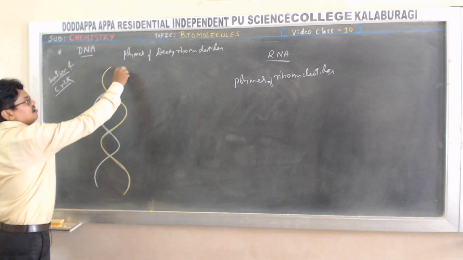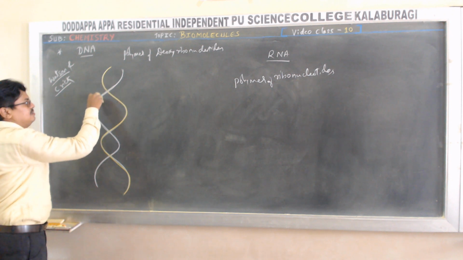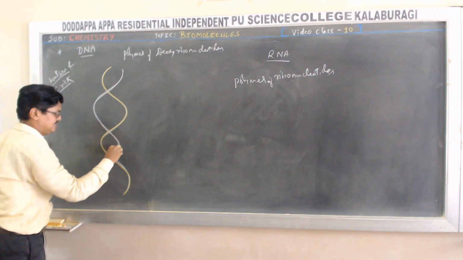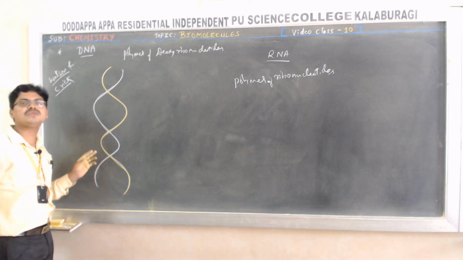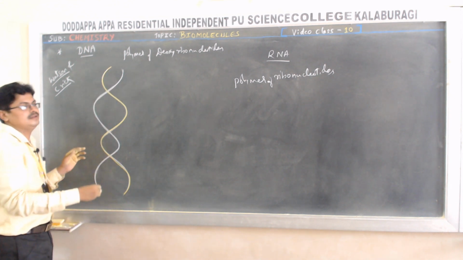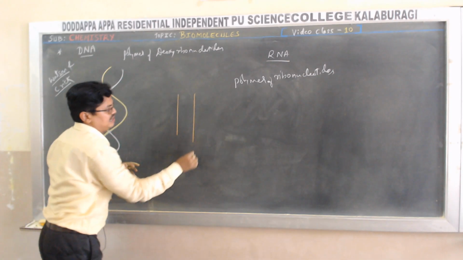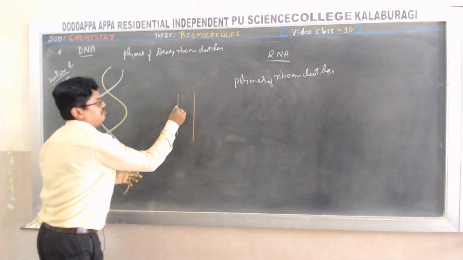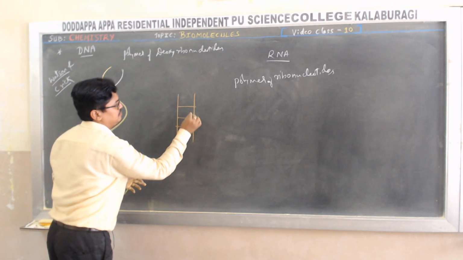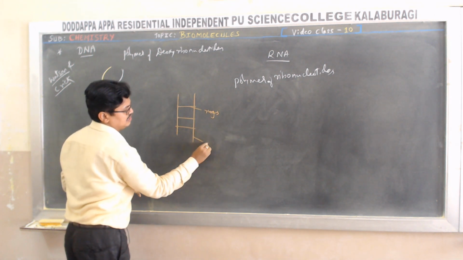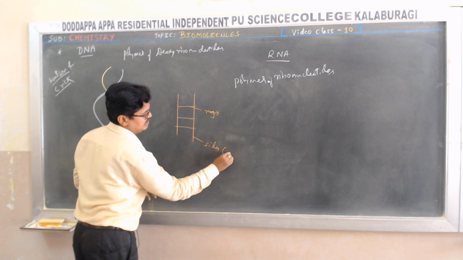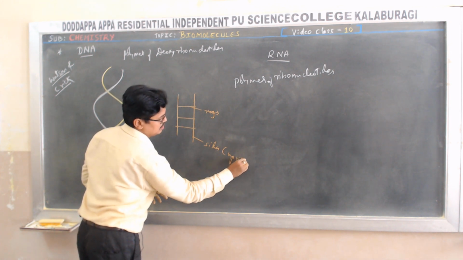These are called the sides, or uprights, in a ladder. The steps are what we call rungs, and these are the sides, the uprights.